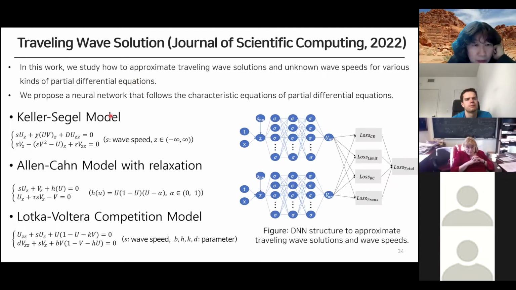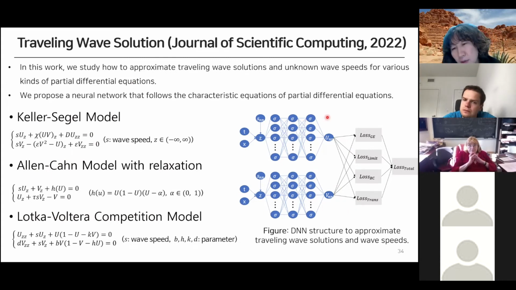We looked at the following three PDEs and ODEs, which allow for traveling wave solutions. First, Keller-Segel, second, Allen-Cahn model with relaxation, and the Lotka-Volterra competition model. Anyway, here is our DNN structure to approximate traveling wave solutions and wave speed together.